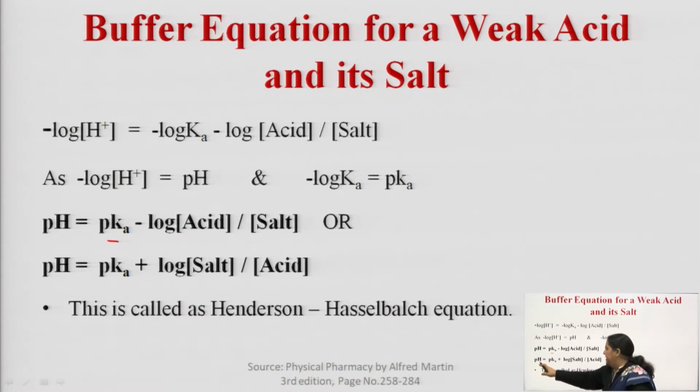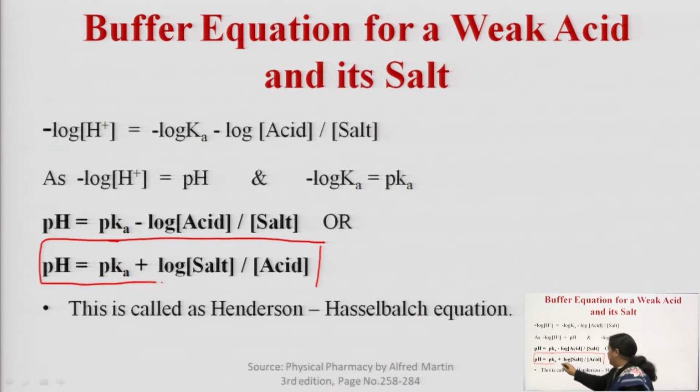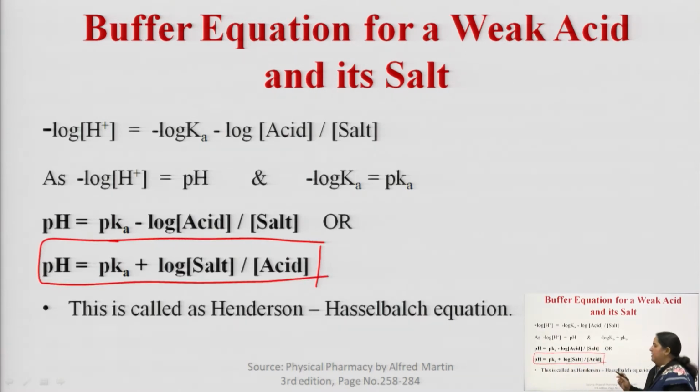So, you get pH is equal to pKa plus log salt upon acid. This equation is very important, which we have derived now. So, pH is equal to pKa plus log salt upon acid, and this is called the Henderson-Hasselbalch equation.